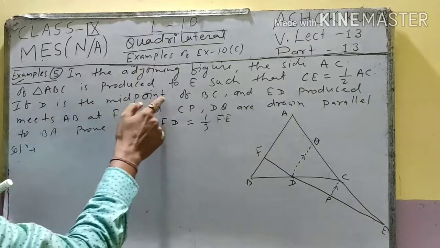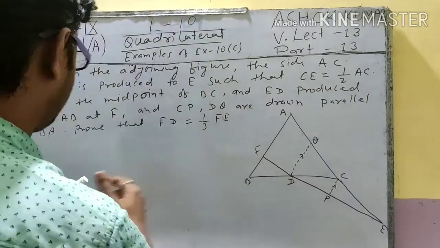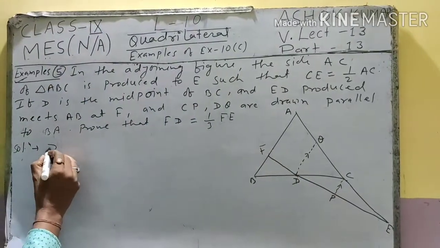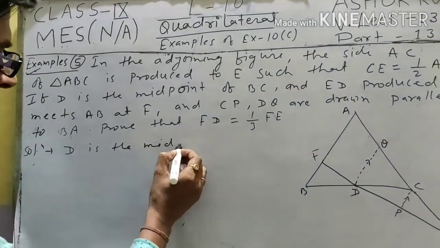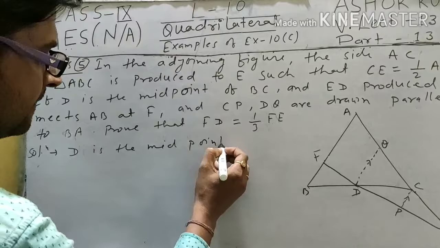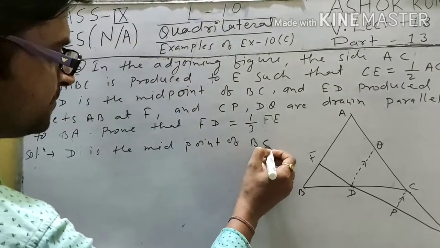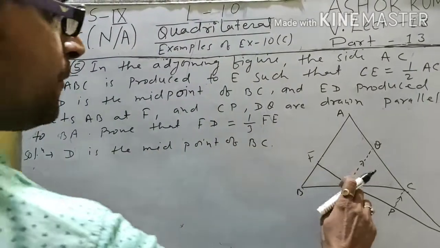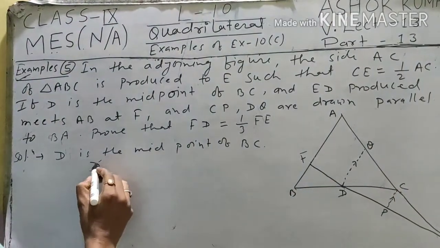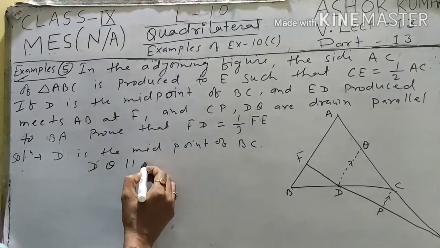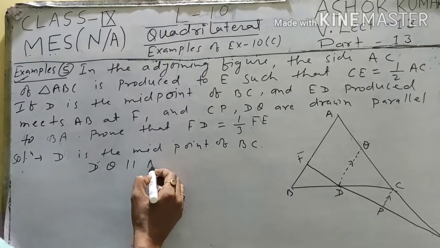If D is the midpoint of BC, so here student write down D is the midpoint of BC, and DQ is parallel to AB.